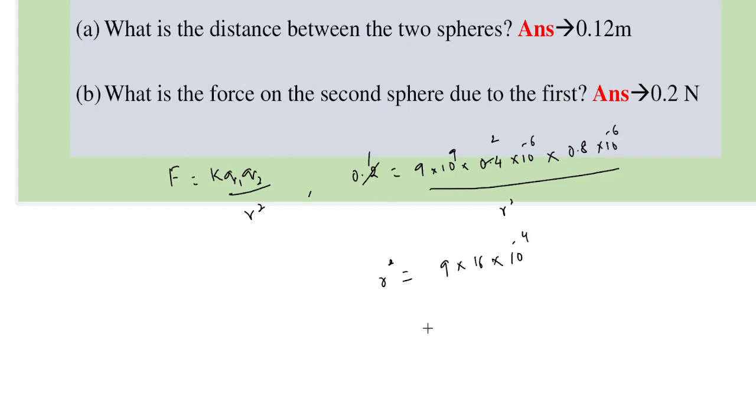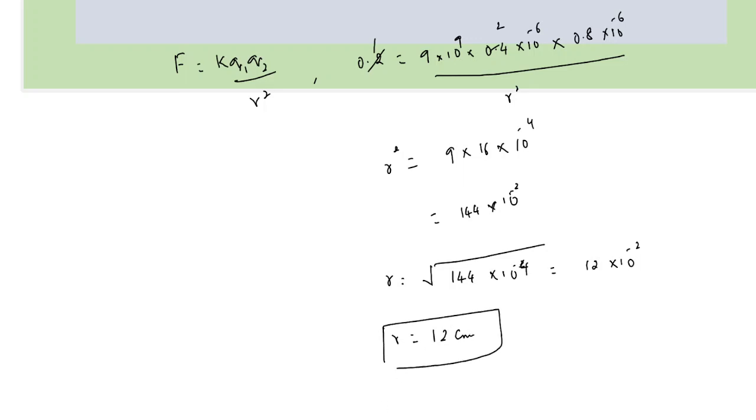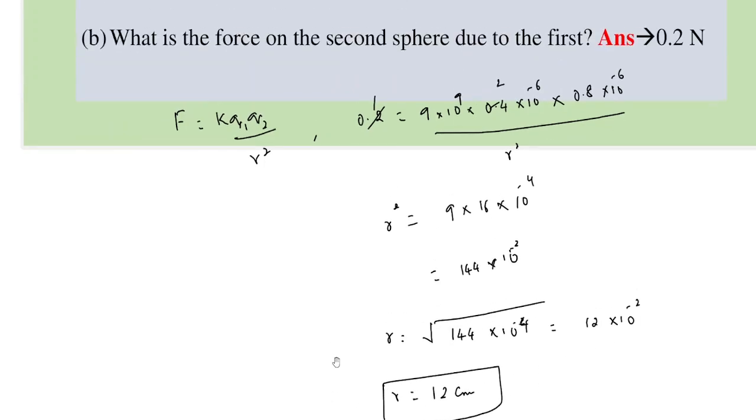That is R square is equal to 144 into 10 power minus 2. This is R square. From this, R is equal to the square root of 144 into 10 power minus 2, which is 12 into 10 power minus 2, or R is equal to 12 centimeter. That's the value of R, or it is 0.12 meter.